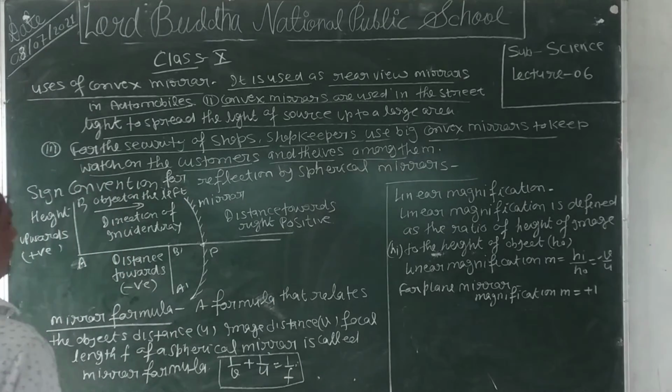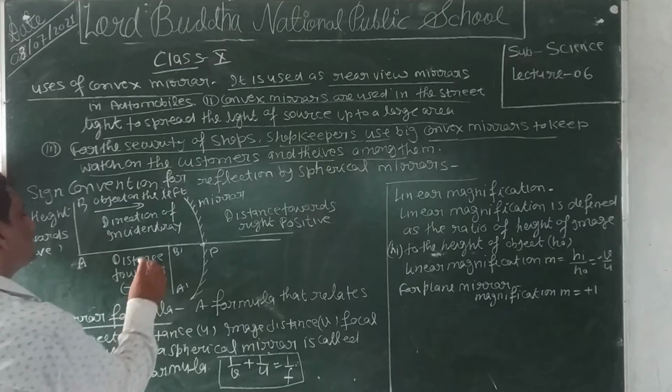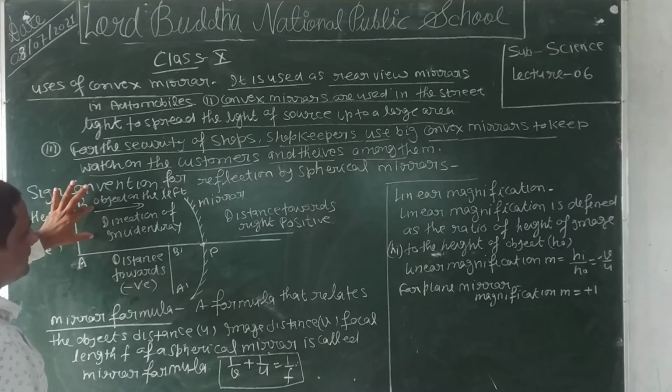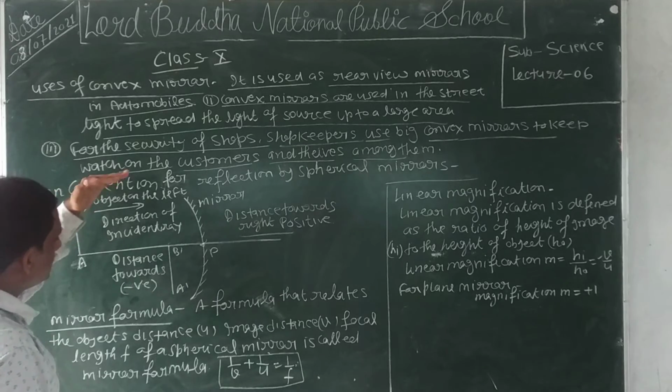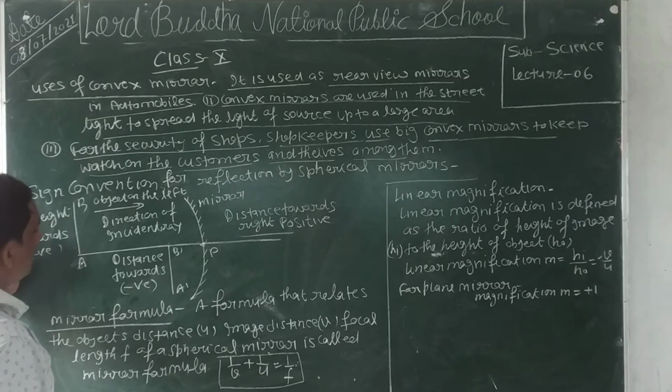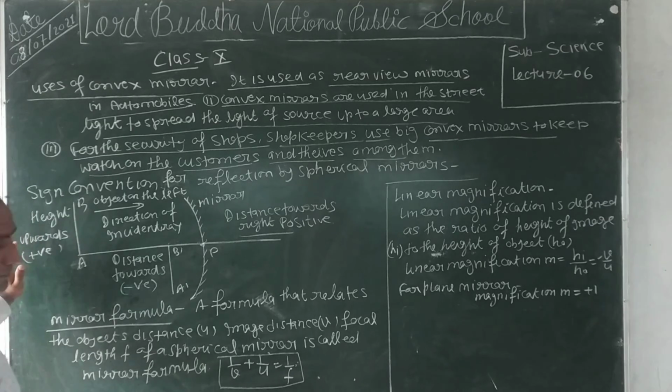We take the principal axis as the x-axis. Clear? And the distance below the principal axis is taken negative. Clear?